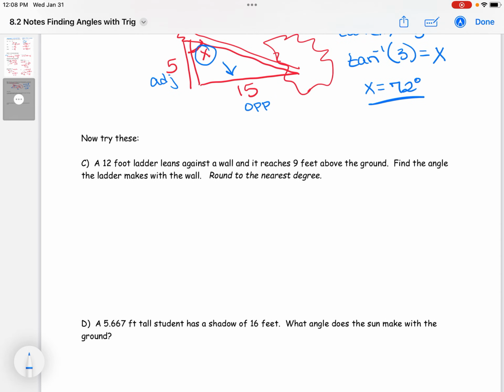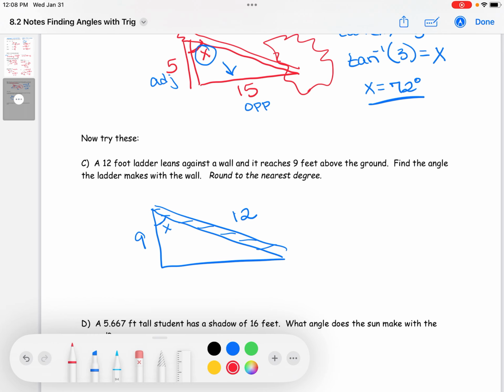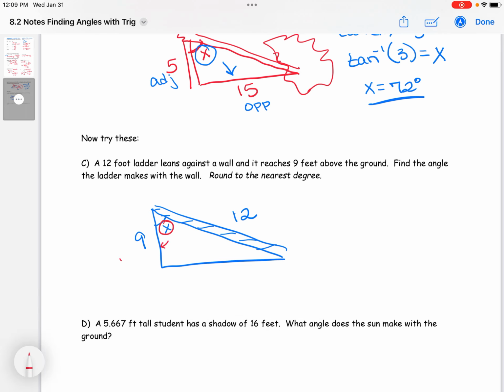Okay, again, right triangle. Here's my ladder leaning against a wall. This is 12 feet. This is the wall, which is 9 feet above the ground. Find the angle the ladder makes with the wall. Here's my angle, adjacent, hypotenuse.